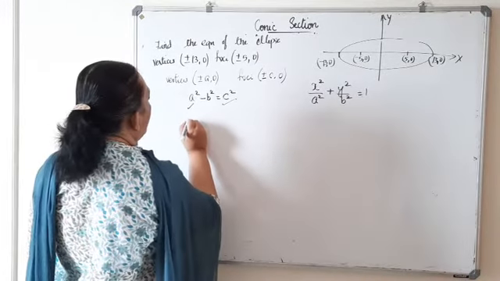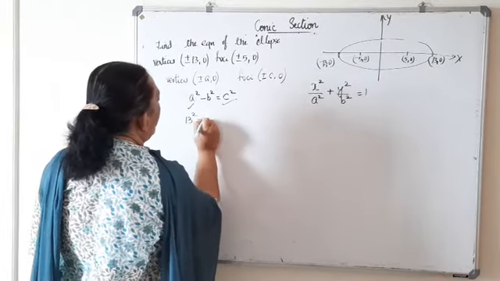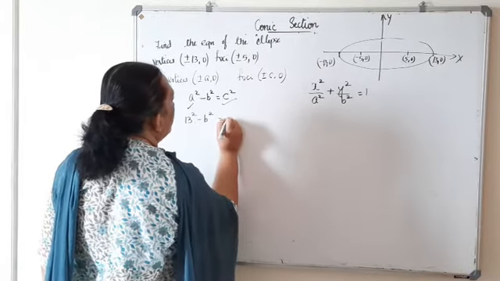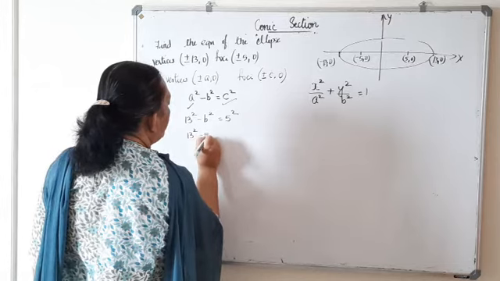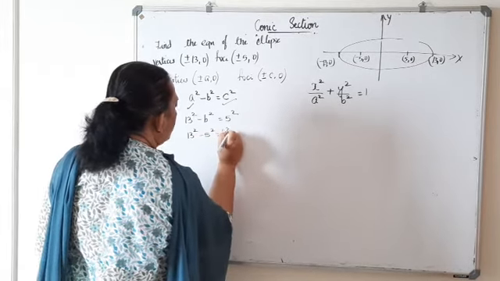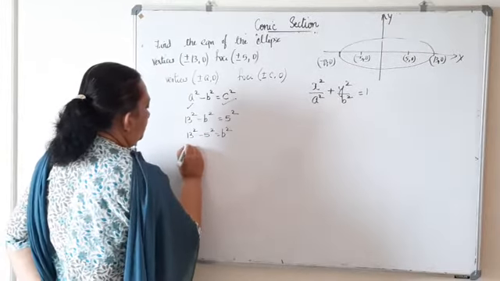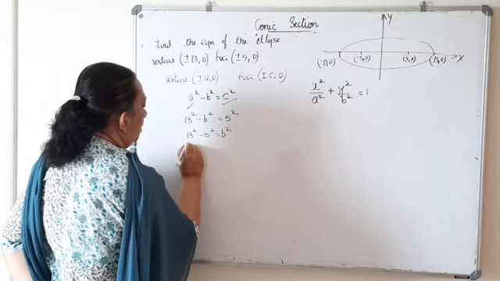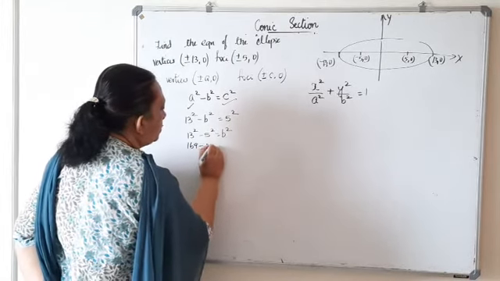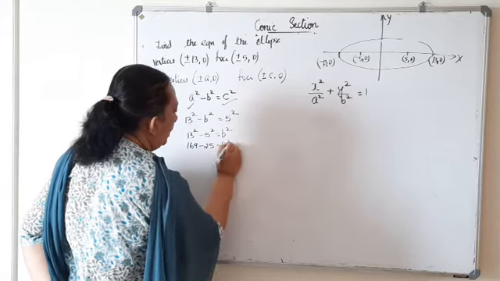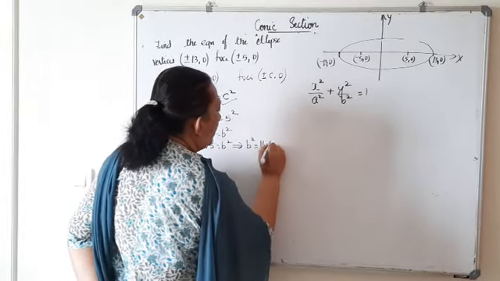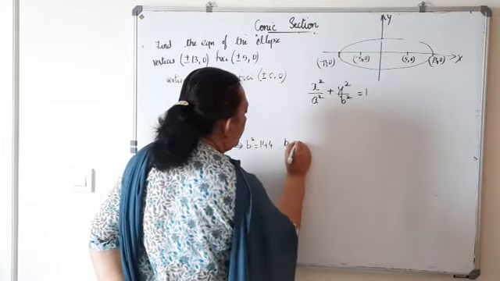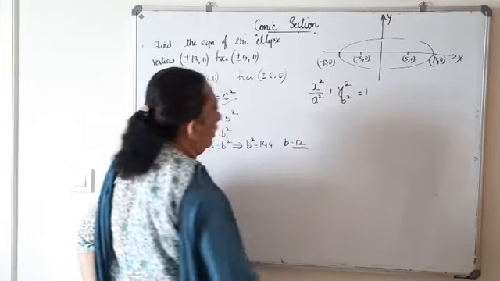a squared minus b squared is equal to c squared, so 13 squared minus b squared is equal to 5 squared, or 13 squared minus 5 squared is equal to b squared. 169 minus 25 is equal to b squared, which means b squared is equal to 144, b is equal to 12.